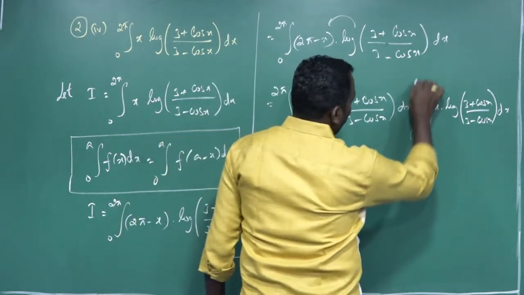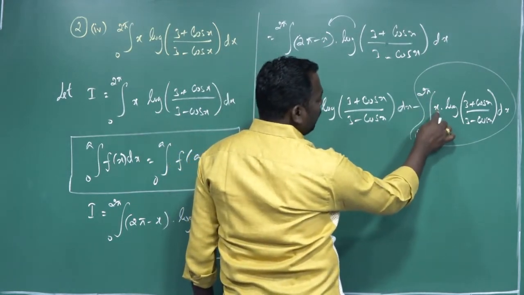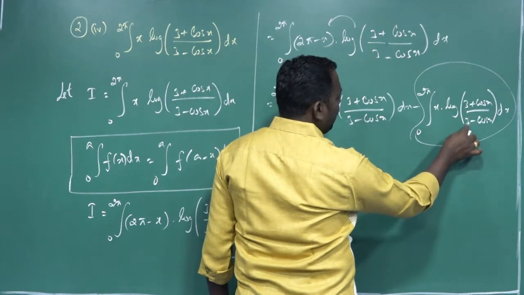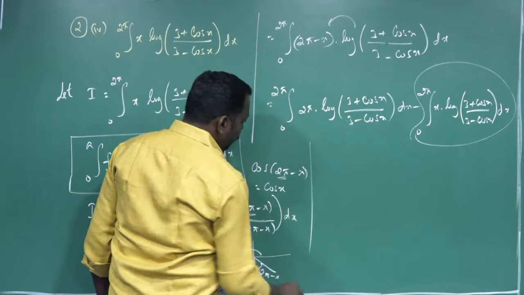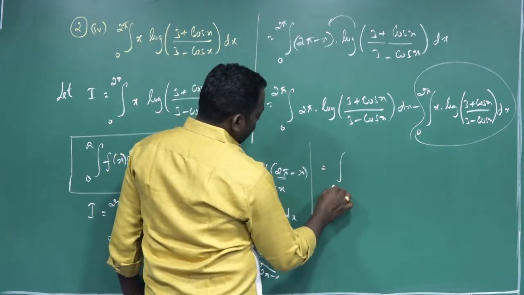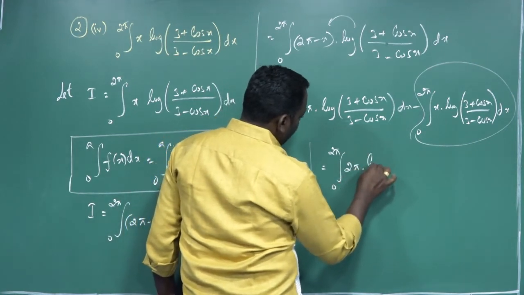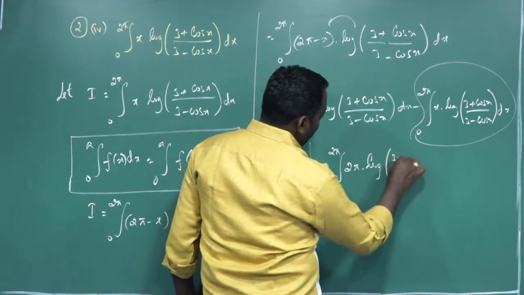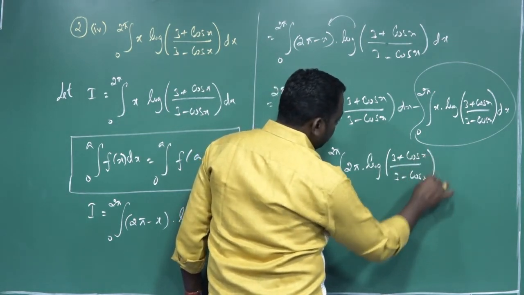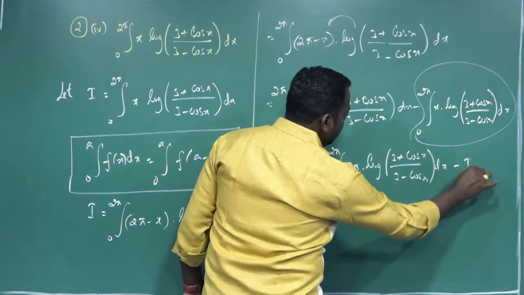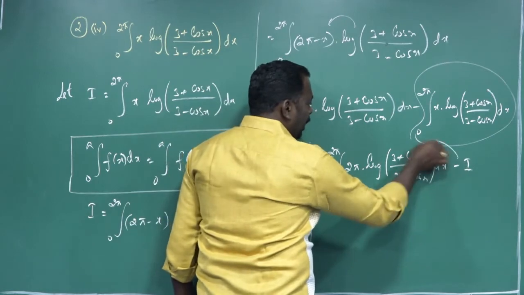Now compare this with the given I: the integral from 0 to 2π of x log((3 + cos x)/(3 − cos x)) dx is defined as I. So that is equal to the integral from 0 to 2π of 2π log((3 + cos x)/(3 − cos x)) dx minus I. On the left-hand side there is also I, and transfer this I to the left-hand side of the equation.